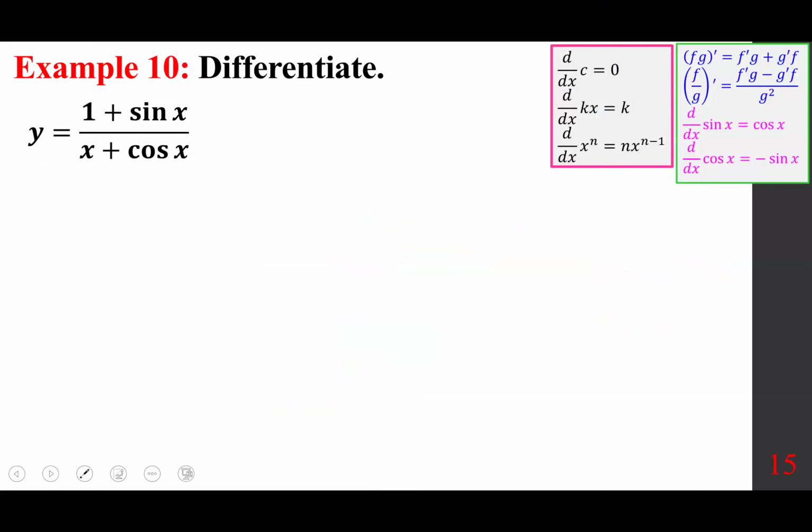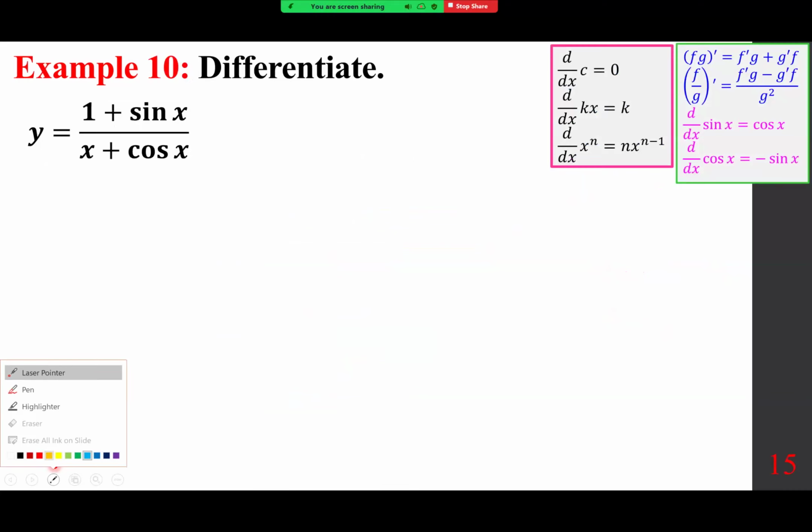We are going to differentiate, and we are going to use the quotient rule. If I'm differentiating this, I'm going to write f over g, write the formula for myself, and follow that. The reason I mention it is that a lot of students use d/dx of this, d/dx of that, and it becomes way too long.